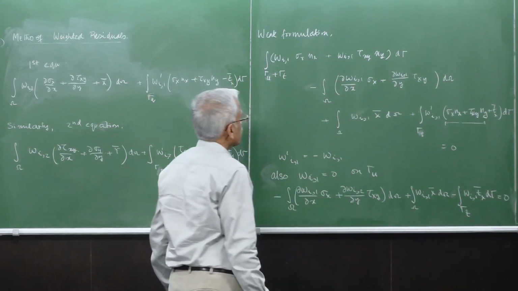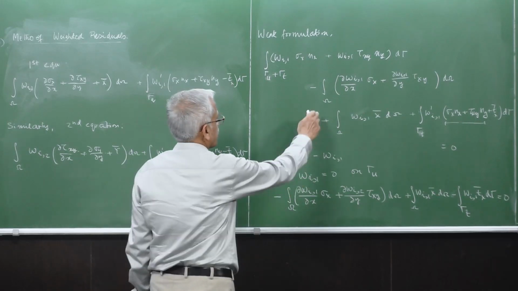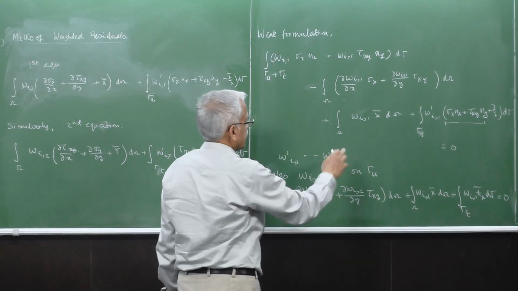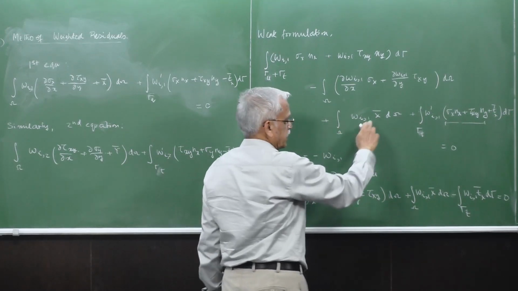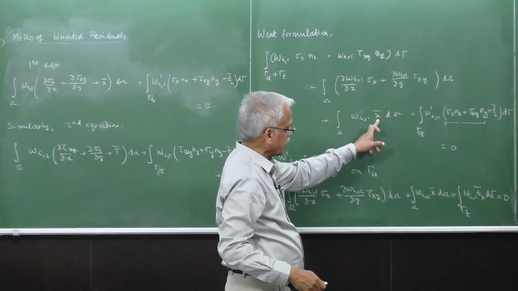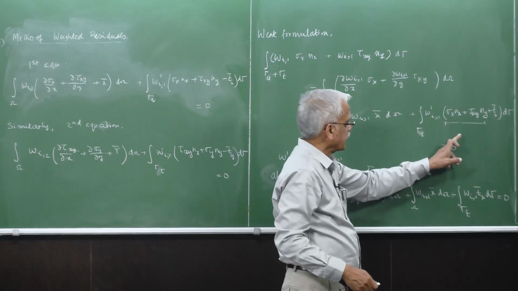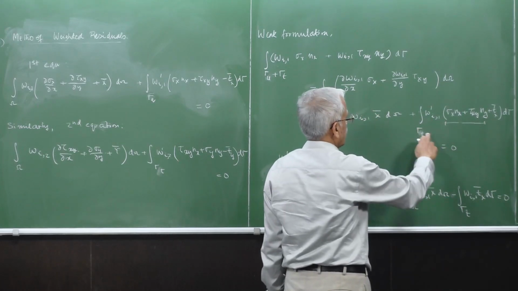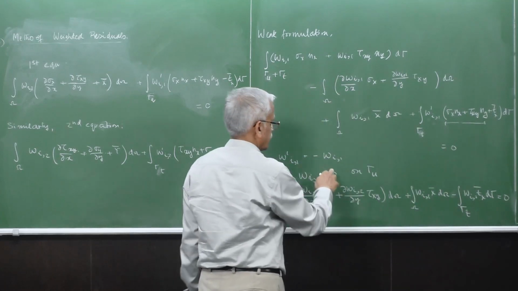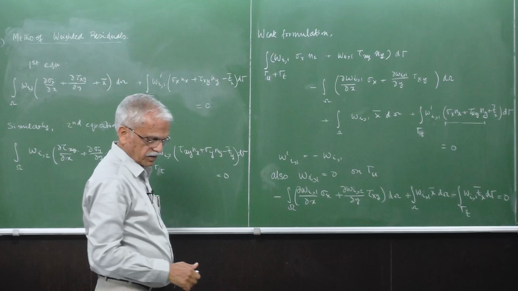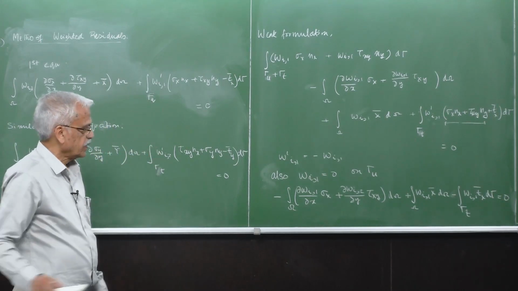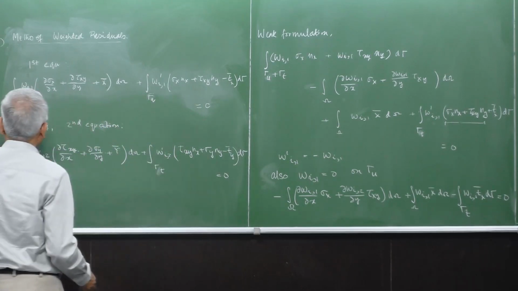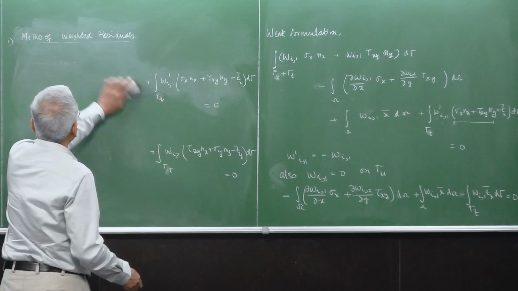So we cancelled many terms. What we have here is the integral of this one with the negative sign, and then we also have the integration because of this x bar, which is the body force, and the traction boundary condition here. So this becomes negative. This is the simplified version of this long equation.